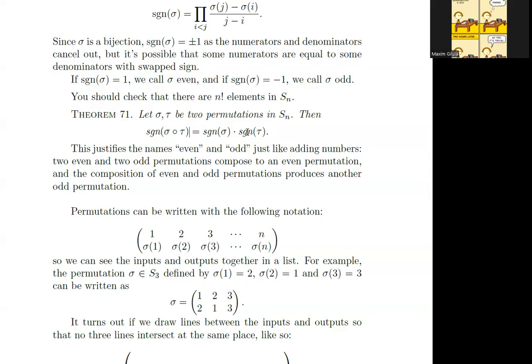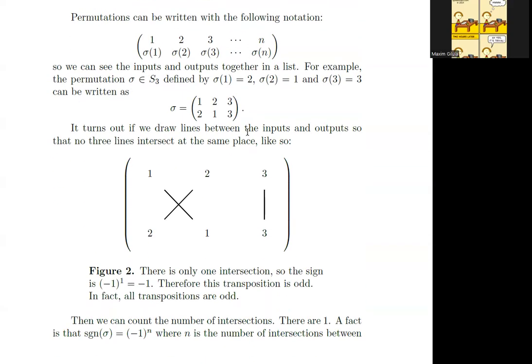So permutations have a few different notations. I'll introduce one and then start using another one later. So here's one where we write the domain and we write the range like this in order. The inputs are on top and the outputs are on the bottom. So here, sigma 1 is 2, sigma 2 is 1, and sigma 3 is 3. If you draw lines between the inputs and outputs, making sure no three lines intersect in the same place like this.